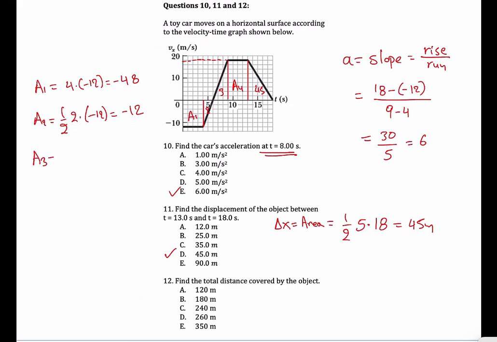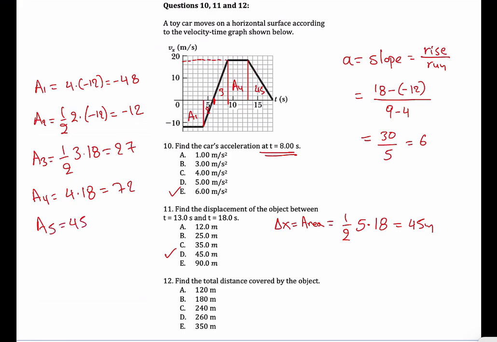The area 3, that is a small triangle with a base from 6 to 9, so it is 3 times 18, and I made a mistake, I wrote 1 over 3, I should have written 1 over 2 base times height, so it is 27. The area 4, that is a rectangle from 9 to 13, so it is 4 times 18, so it is 72.